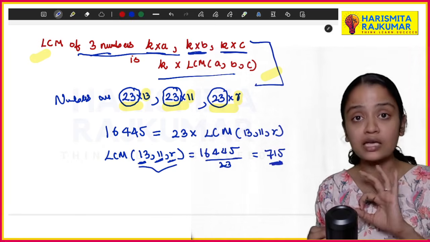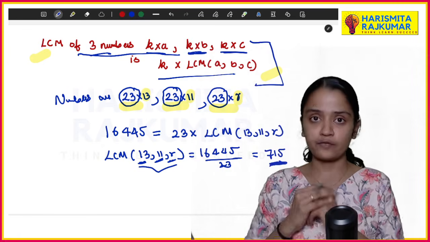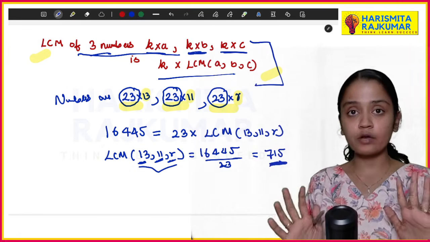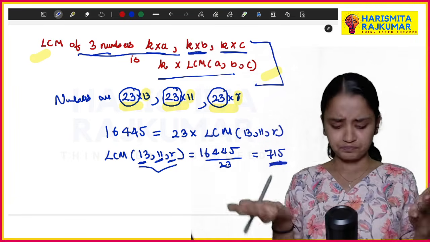The smallest multiple common to all three is 715. So this 715 should be a multiple of 13, 11 and R.